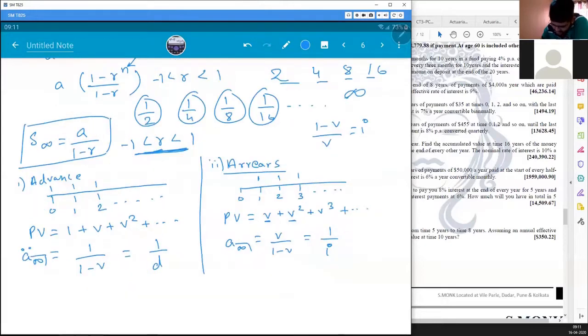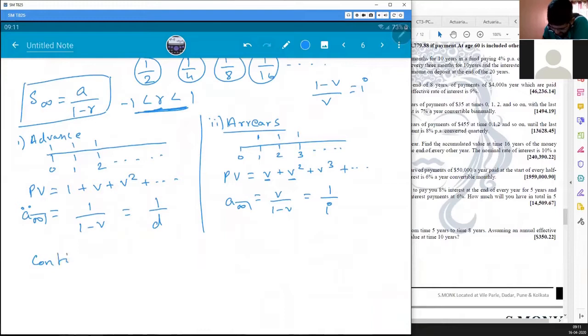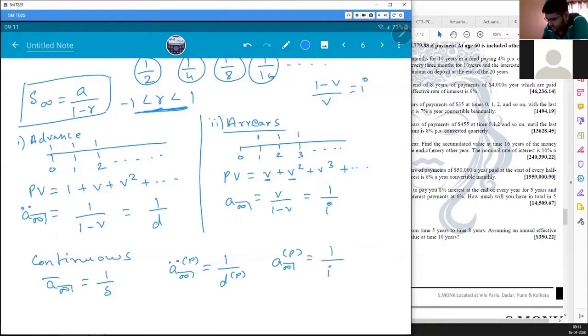Similarly, for our continuous case, we are going to get a-bar-infinity equal to 1 by delta. Again, the same thing: the numerator remains the same, and the denominator changes to delta instead of d or i. And also a-due-infinity payable p times is 1 by d(p), and a-infinity payable p times will be 1 by i(p).